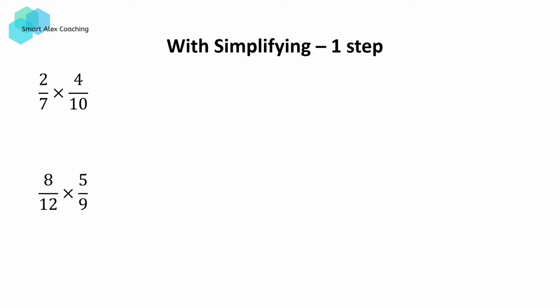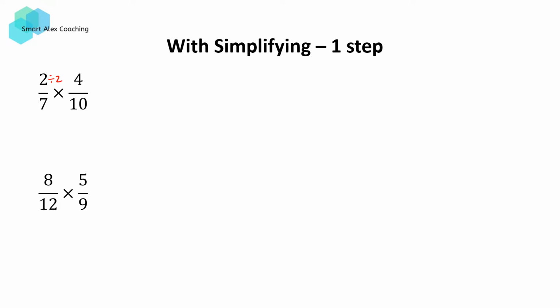Instead of simplifying our answers at the end, what we can do is to simplify our fractions prior to multiplying out. In order to simplify the fractions, we divide the top and the bottom number by a common factor. It doesn't have to be diagonally. It can also be on the same fraction as long as one is on top and one is on the bottom. So for the first example, 2/7 times 4/10. What I can do is I can simplify the 2 and the 10.